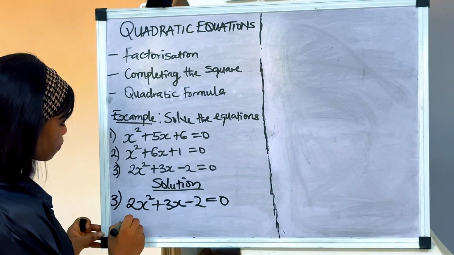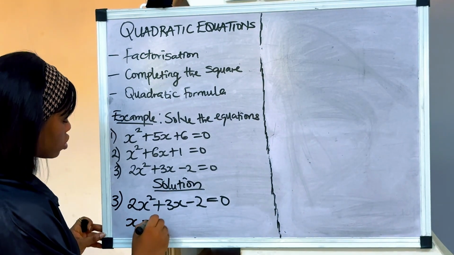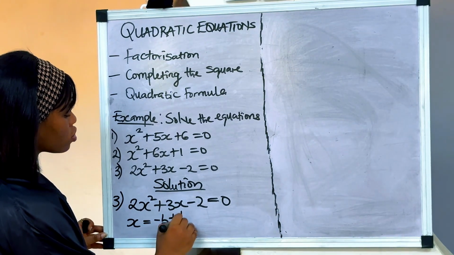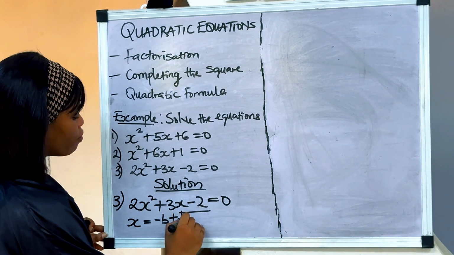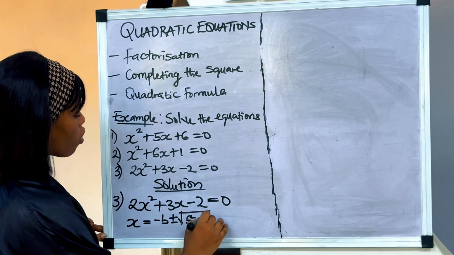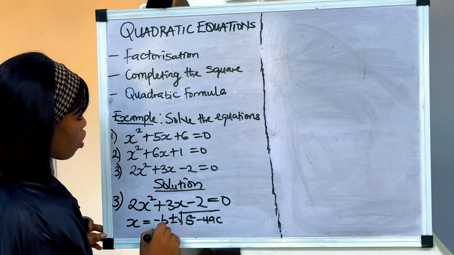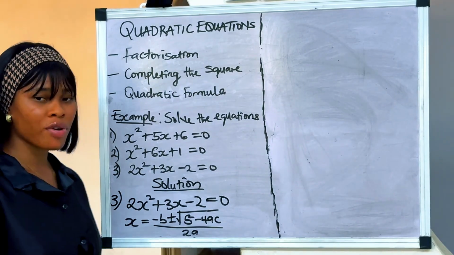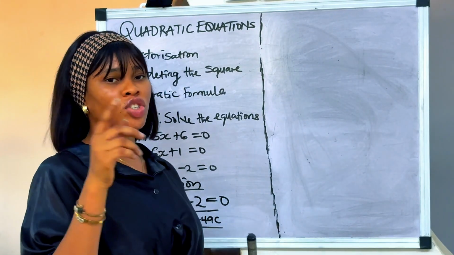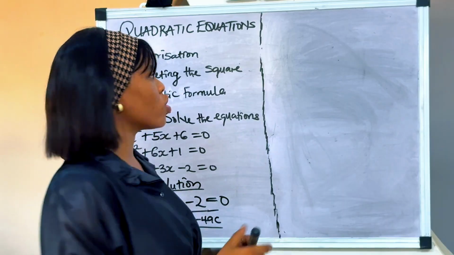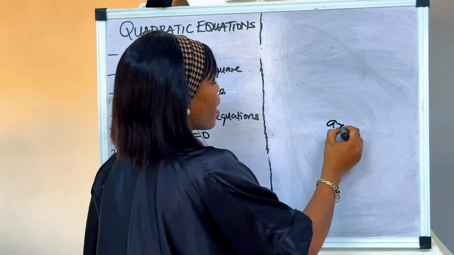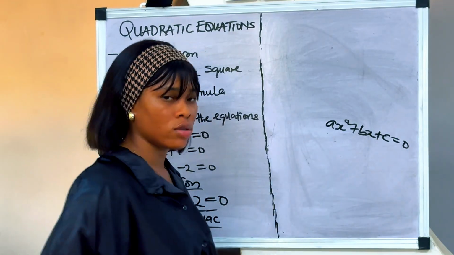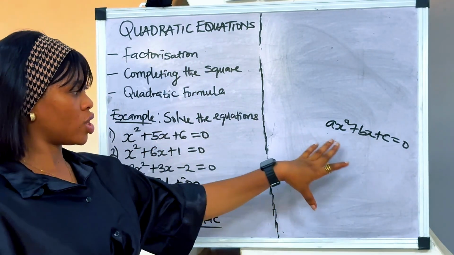The quadratic formula is x equals minus b plus or minus square root of b squared minus 4ac all over 2a. Remember that the general form of a quadratic equation is ax squared plus bx plus c equals 0.